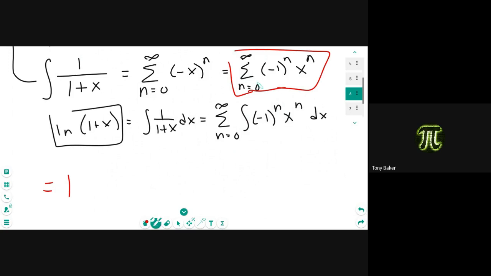If I plug in 1, what do I get? Negative x, right? If I plug in 2, what do I get? If I plug in 3, what do I get? Plus x to the 4th, plus, and it just keeps going, right?